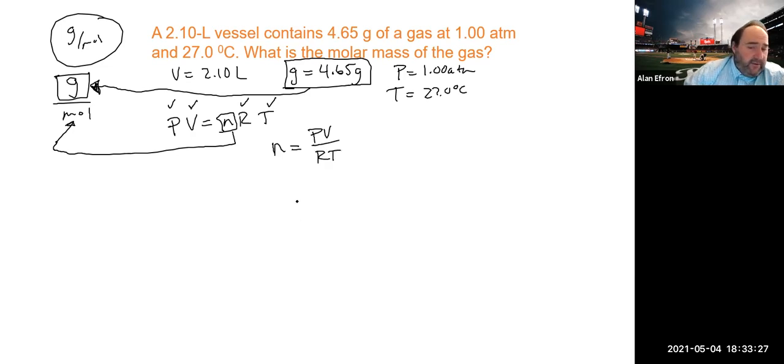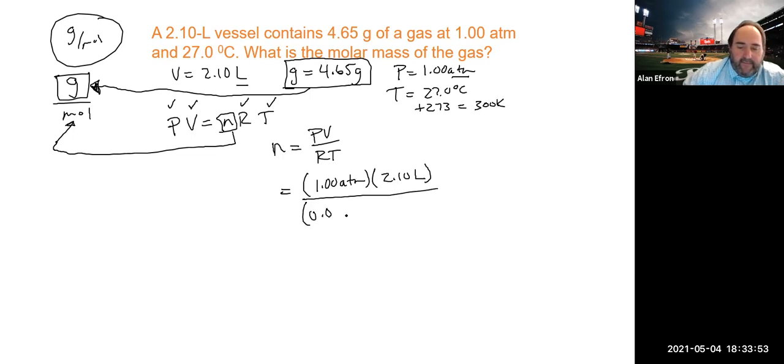We just have to make sure unit-wise we're okay. Atmospheres is all good. Liters is all good. Like typical, our temperature is not so good there. That's going to give us 300 Kelvin again. Now we're good. We can put in our pressure being 1 atmosphere, our volume being 2.1 liters, divided by our gas constant that we always have, and our temperature here, which is 300 Kelvin.